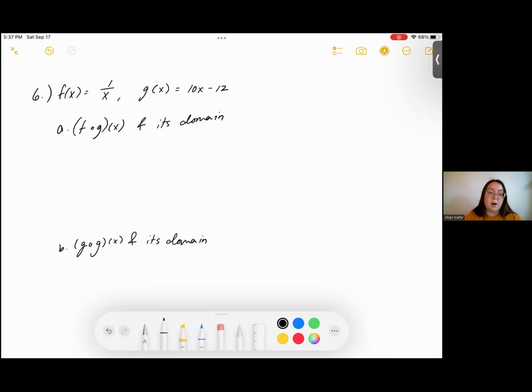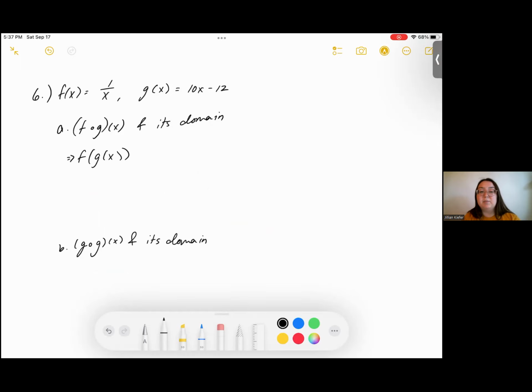All right, so our first composition is going to be f of g of x, and we're going to find its domain. We know that f of x is 1 over x, and g of x is 10x minus 12. So f of g of x is the same thing as if we wrote it in this sense. We know that f of x is 1 over x, so we can replace x with literally just writing g of x.